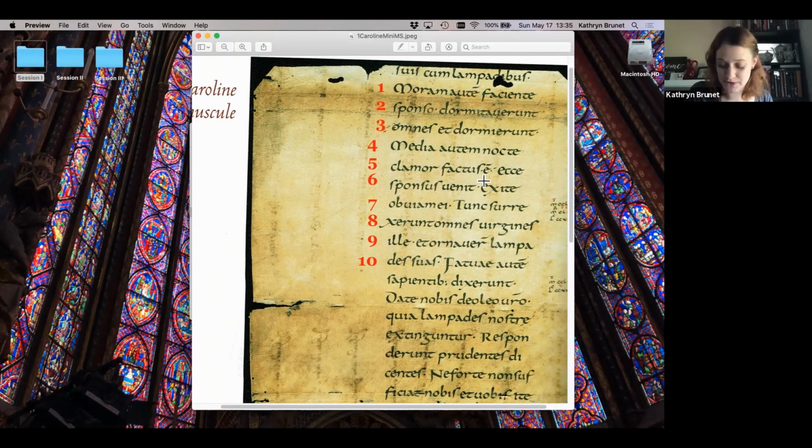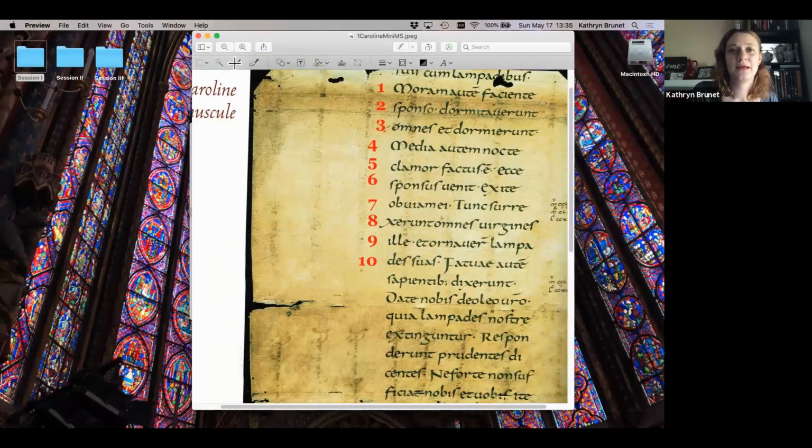The transcription would just be dot E dot with a macron on top of it. If you expand the abbreviation, it's actually abbreviated EST, est. But E with a macron on top of it is an abbreviation for EST.